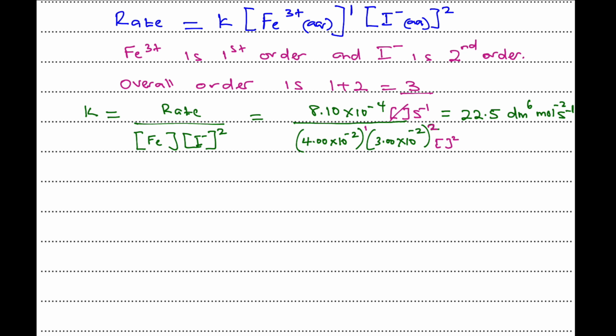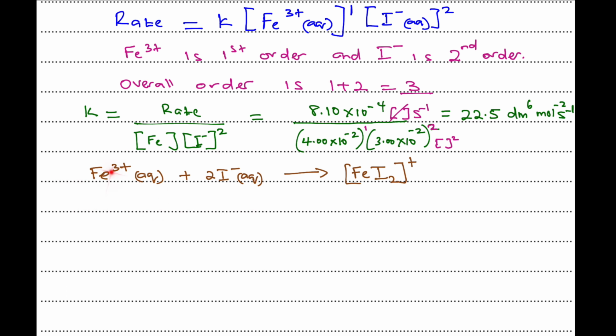Finally, we need to work out a 2-step mechanism for this reaction. With the slow step, Fe3+ aqueous plus 2I minus, because they have to be involved in the rate equation. That's why we have them there. That's aqueous as well, to give FeI2 plus. As you can see, the Fe is 3 plus, the I is 2 minus. If you work out the charge, plus 3, minus 1 times 2 is minus 2.